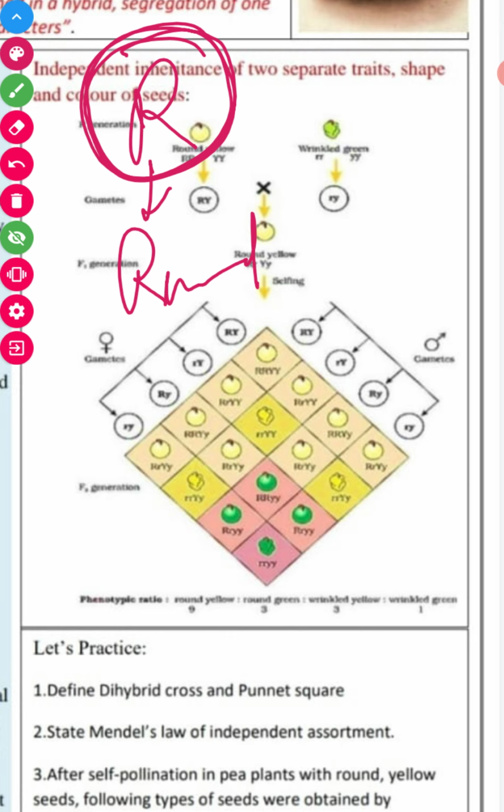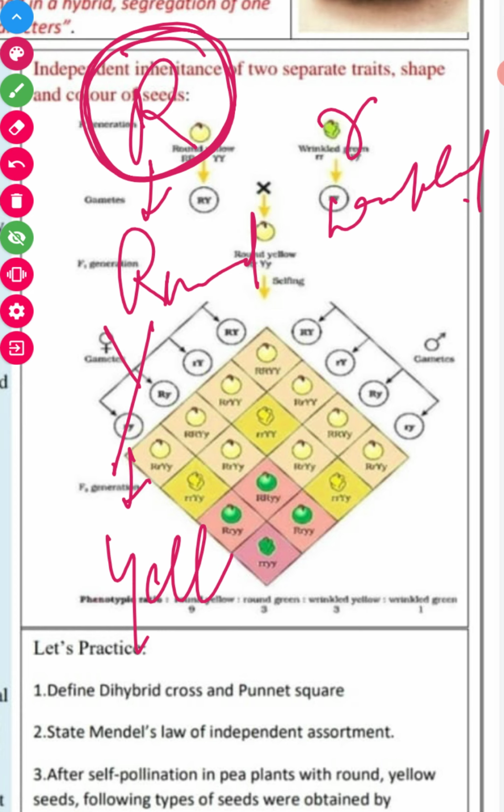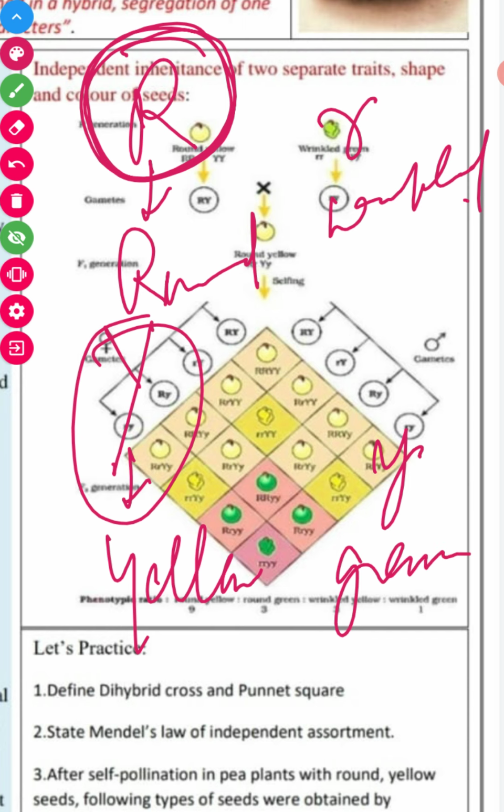And wherever capital R is absent and we have small r, then the shape is wrinkled. Wherever the capital Y is there, the color is yellow. And wherever capital Y is absent, we have small y, the color is green.